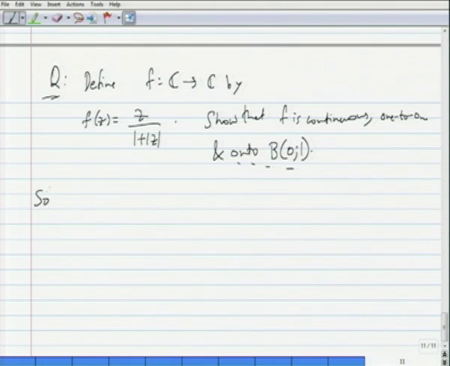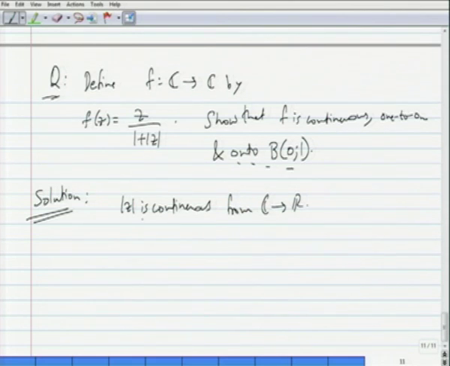So, the solution is as follows. Well, I will show that f is continuous. It is easy. So, 1 plus mod z, notice the modulus function is continuous from C to R. So, mod z is continuous from C to R. In particular, you can consider it to be a function from C to C, where R is identified with the real line in the complex plane.